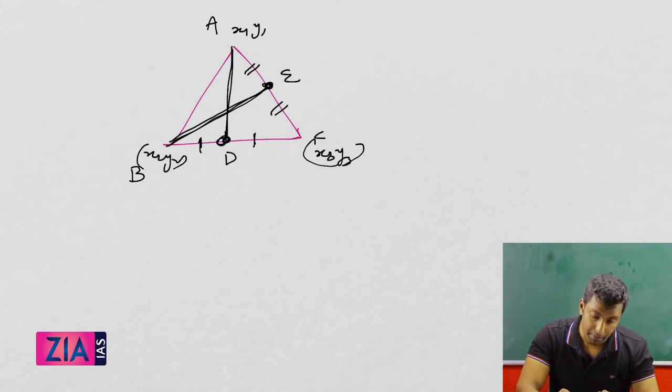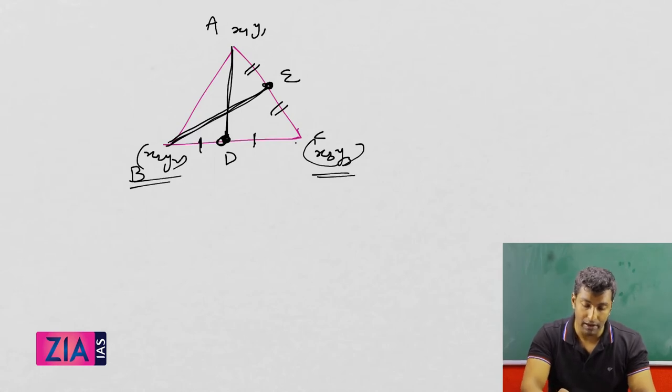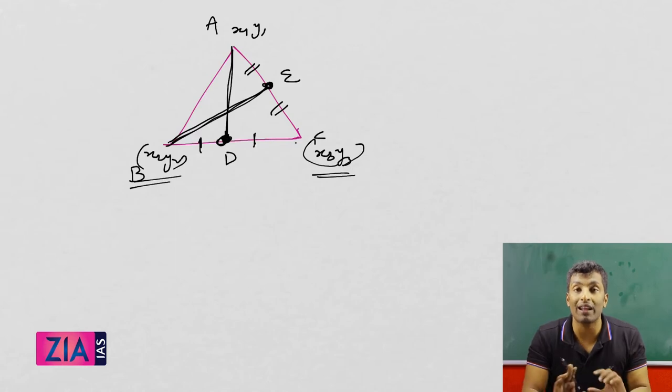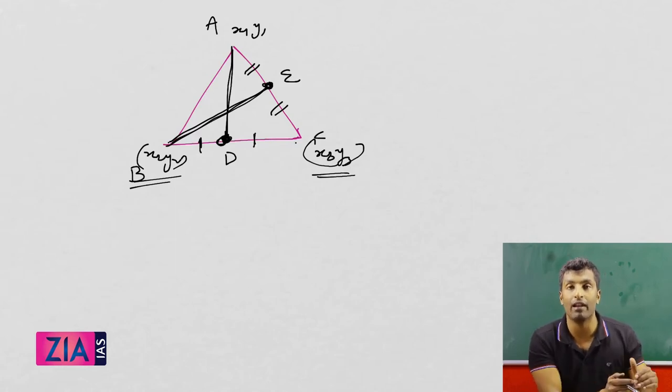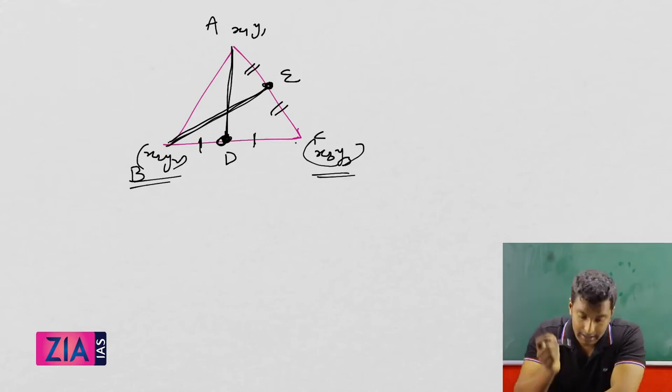That means D is the midpoint of B and C. You know how to find this point. If you know B and C, you can find this point by using the midpoint formula. Based on that also you'll get very level 1 questions, elementary level questions. We are not interested in that.